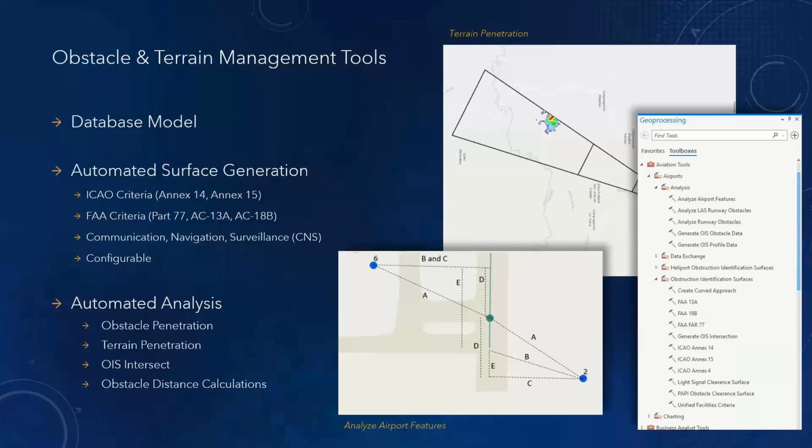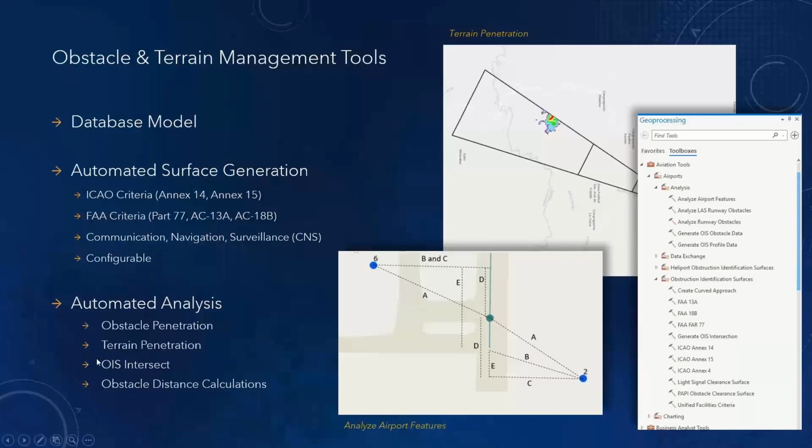So what that does is really allow our users to create what are called height restriction maps, which are typically a 2D representation of these 3D surfaces. That is more of a planning tool for those that are looking to build new buildings, do construction, so they can see exactly how high they can build within each of those individual zones.